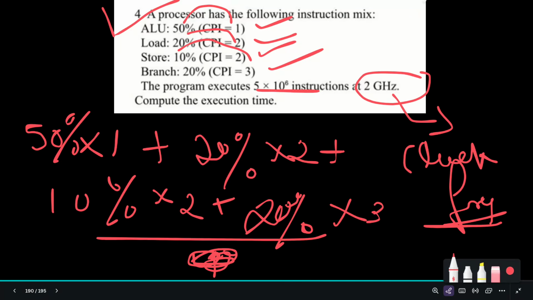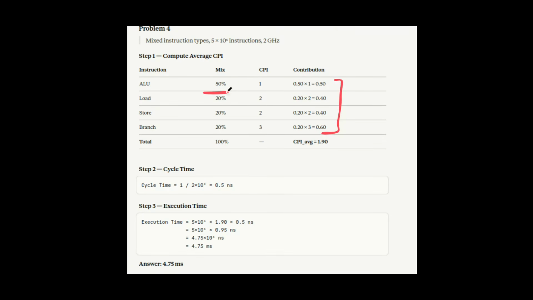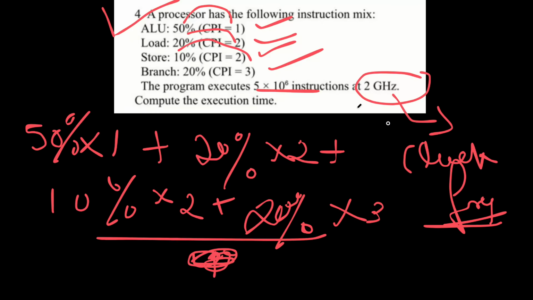Okay, fine. When you are doing this, first convert 50% into 0.5, which I hope you know. Then 20% into 2, 20% again into 2, 20% again into 3, you get a sum of 1.9. So now you have this average CPI, which you can put in.